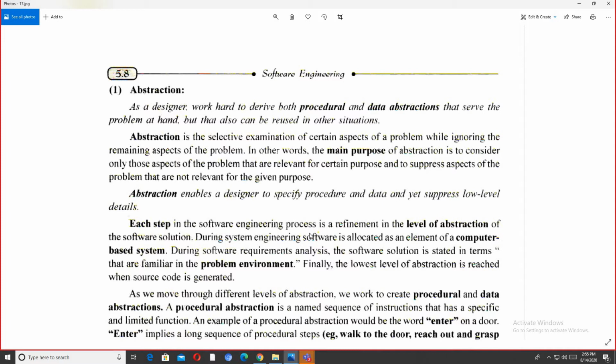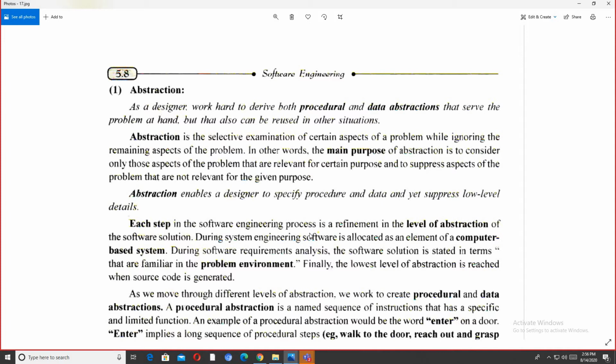These are the functions. And when we are talking in terms of data, whatever data we are getting from the sensors, they will be the data abstractions. And whenever we are talking about abstraction, it defines our focus from the complete set to a narrow set of values, either of the function or of the data.